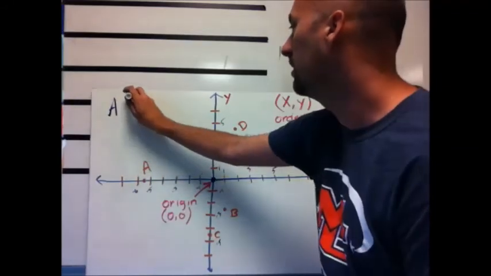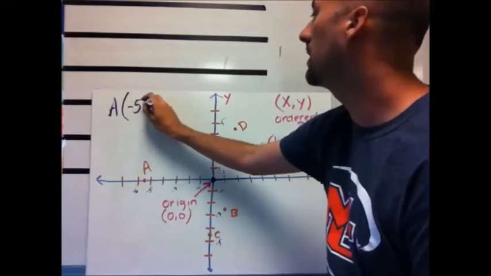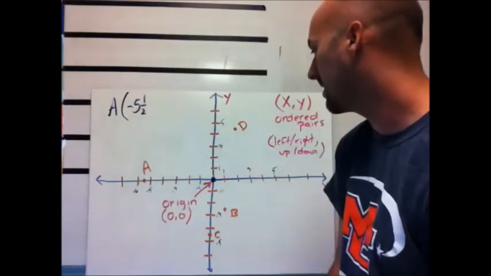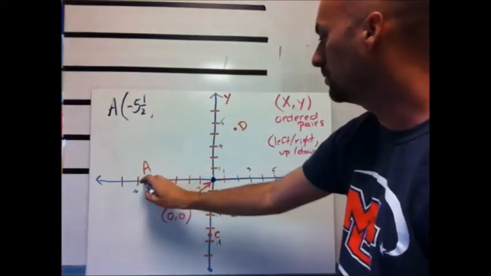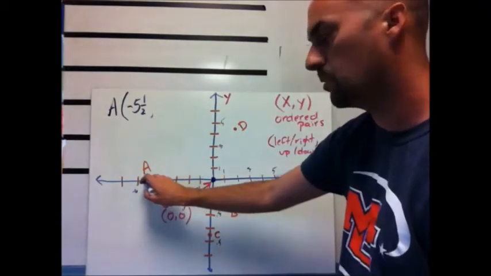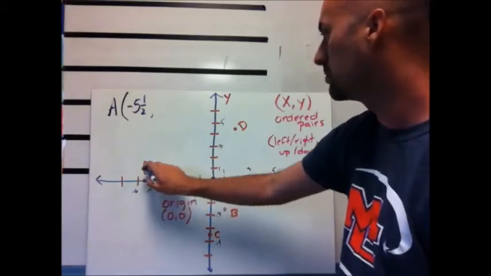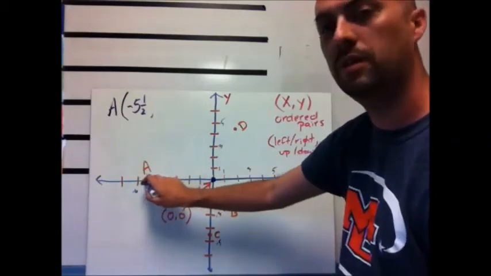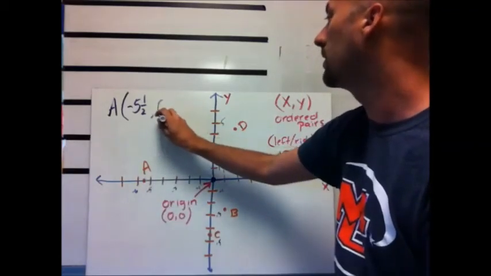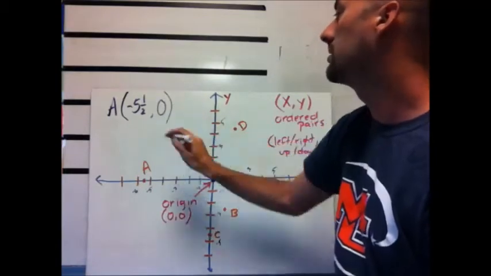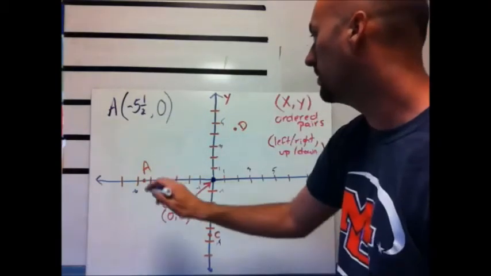So I would say that the x value is -5 and 1/2. Comma, now the y value. When I found the x point of where the point is, I look up, down, and go to that point. Well, in this case, I don't have to travel anywhere, do I? It's actually right there on the line. So guess what? I didn't go anywhere. It's a 0. -5 and 1/2 and 0. That's point A.